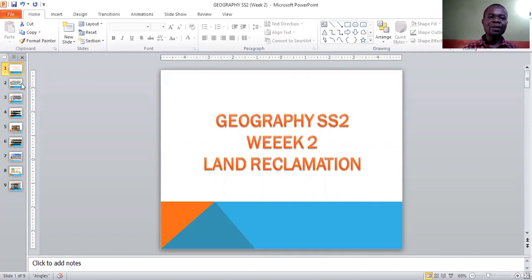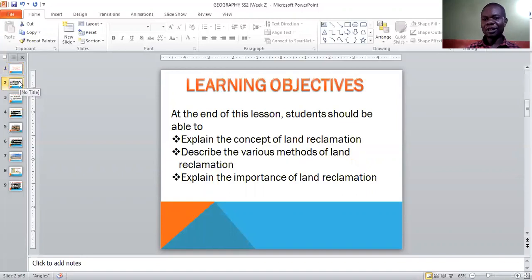At the end of this lesson, students should be able to explain the concept of land reclamation. Number two, describe the various methods of land reclamation. Lastly, explain the importance of land reclamation.